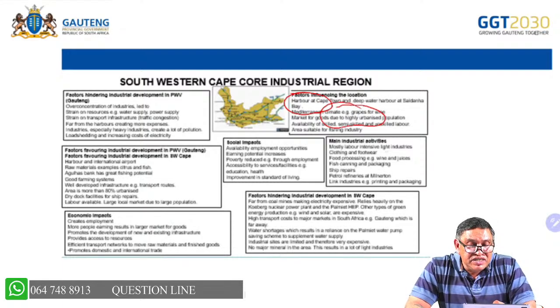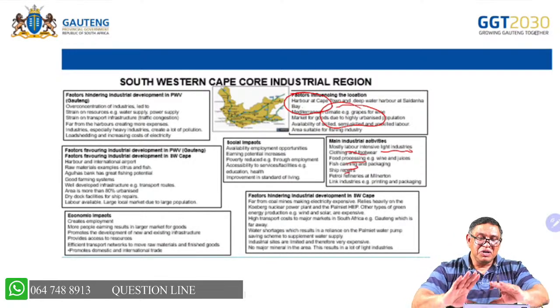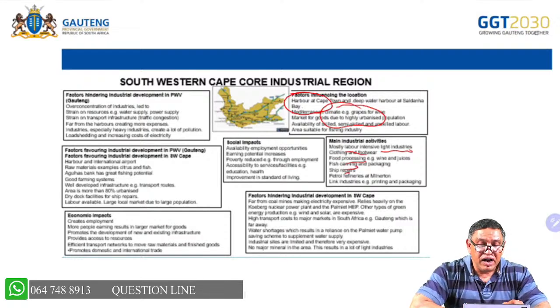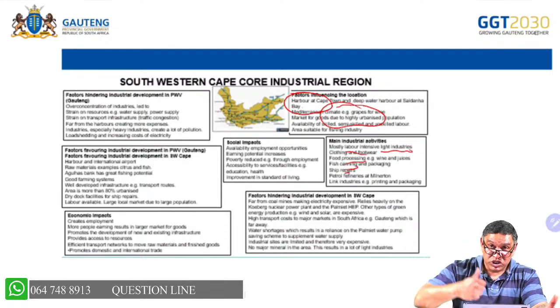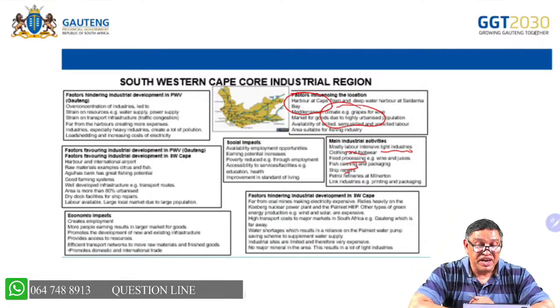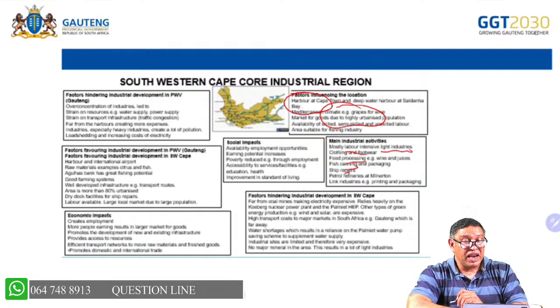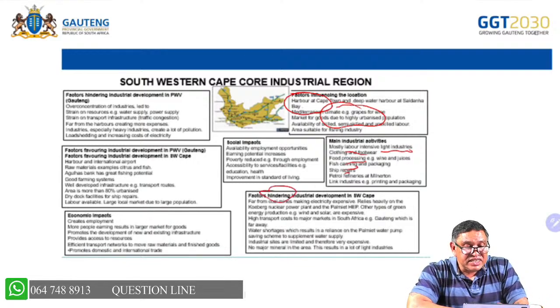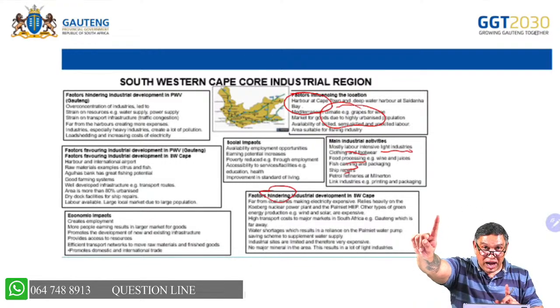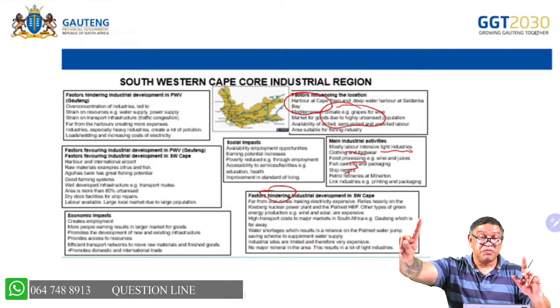Main industries are labor-intensive light industries like clothing, food processing, fishing, ship repairs. You'll notice many are associated with the ocean, fish and agriculture, but most of them are light.